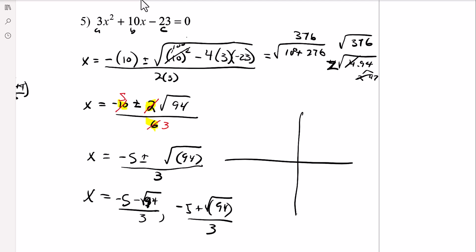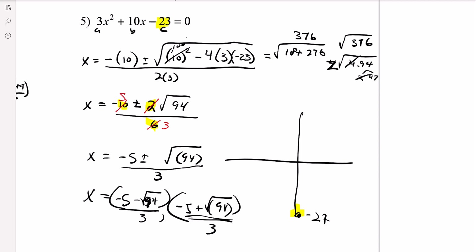We're going to touch down here on the y-axis at negative 23. And then you just simplify all this to figure out where, and then remember to put parentheses around these.